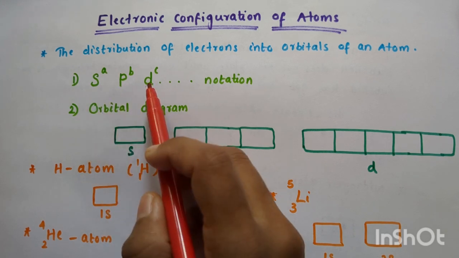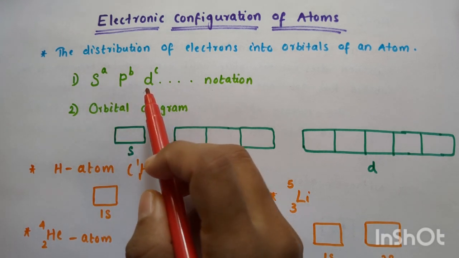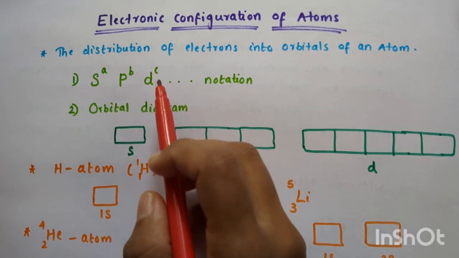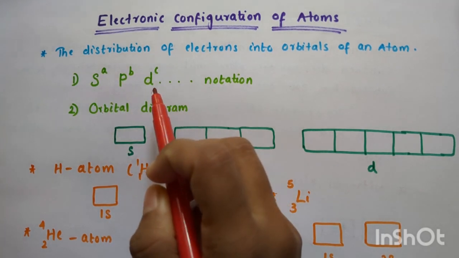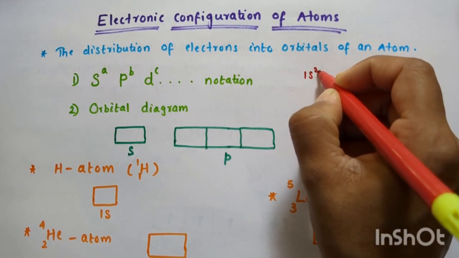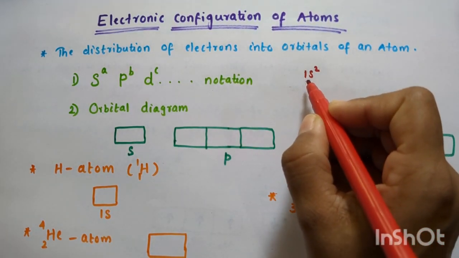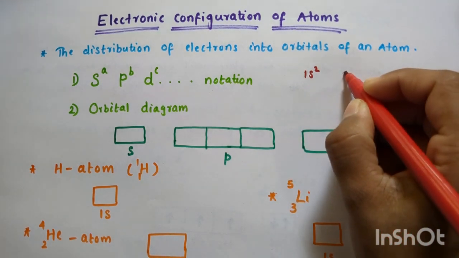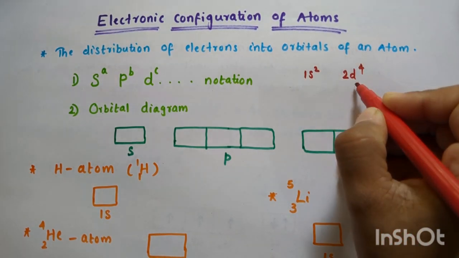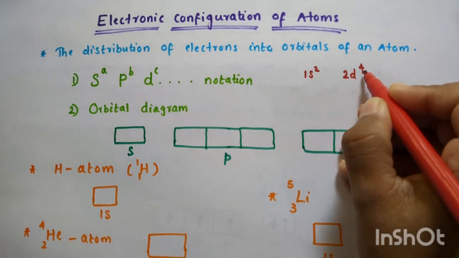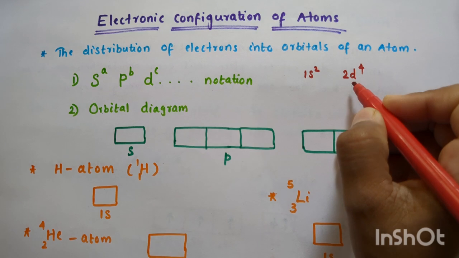In the first notation, s, p, d are the letter symbols of the subshell, and the superscripts a, b, c are the number of electrons present in the subshell. If I write 1s2, that means s is the subshell in which we have 2 electrons. If I write 2d4, we have the d subshell, principal quantum number is 2, and we have 4 electrons in this subshell.